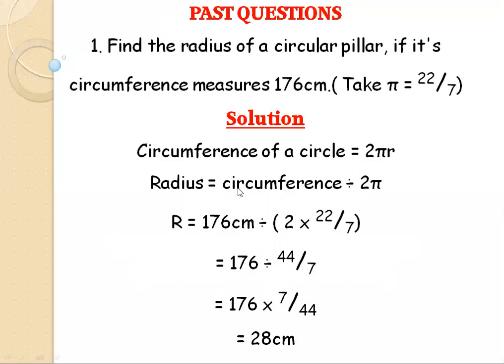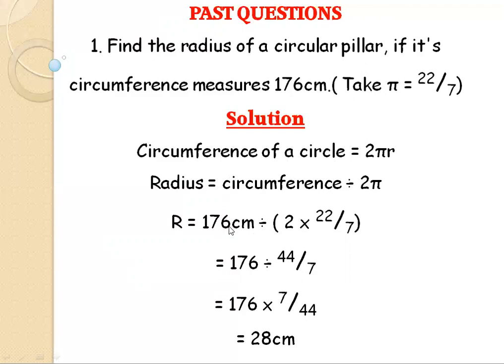So let's go. Now, from this formula, circumference of a circle is 2 pi r. What we need is the radius. To get the radius, all I need to do is to divide the circumference by 2 pi. So my radius is circumference divided by 2 pi.